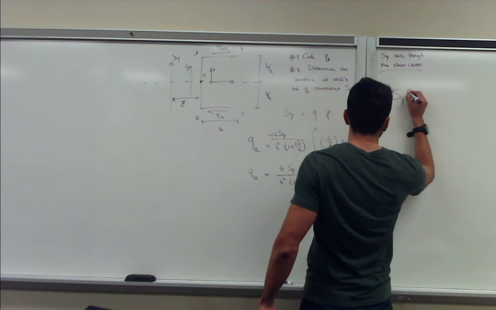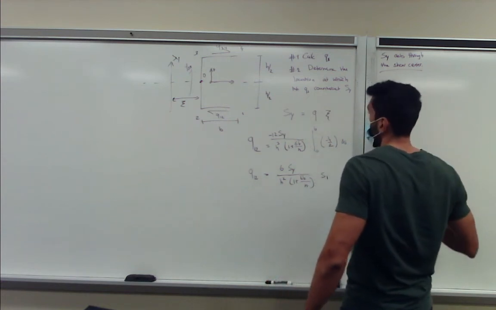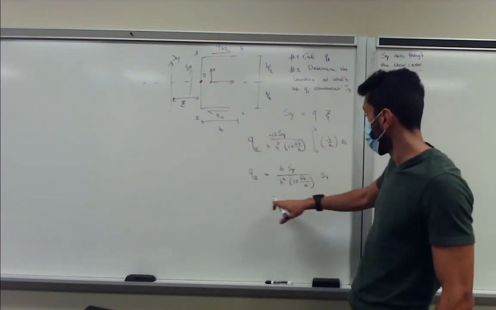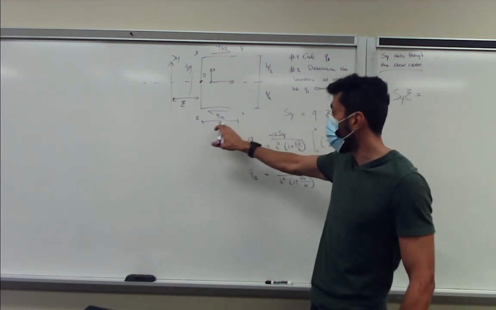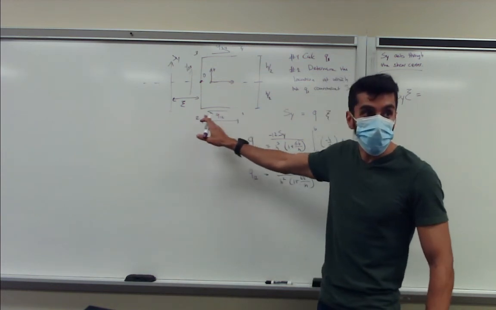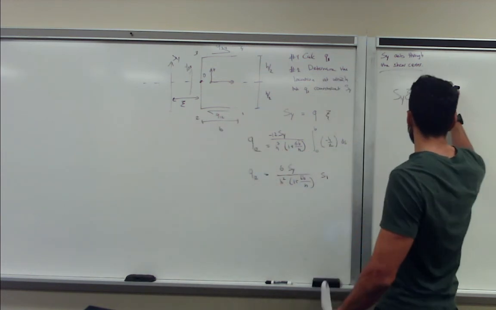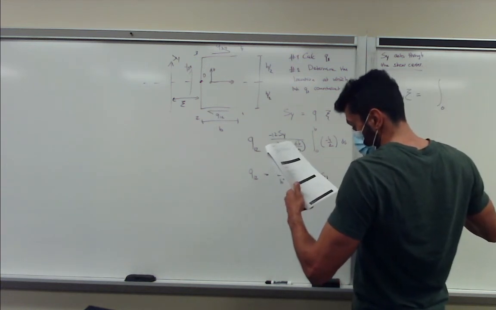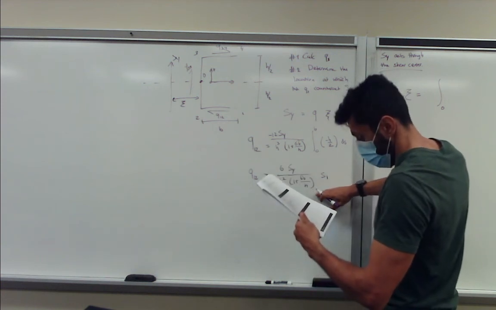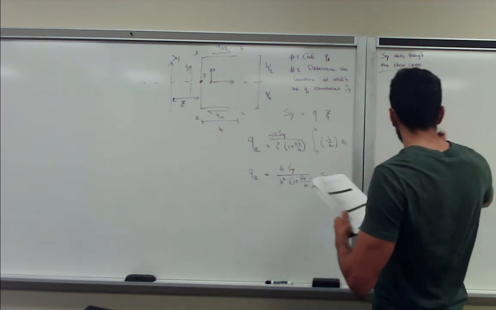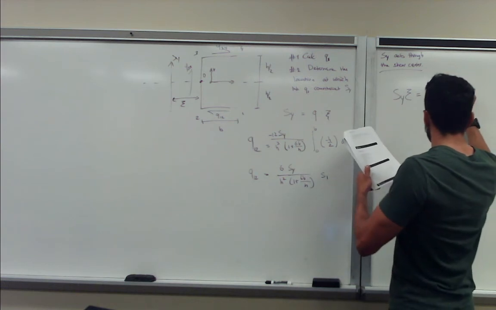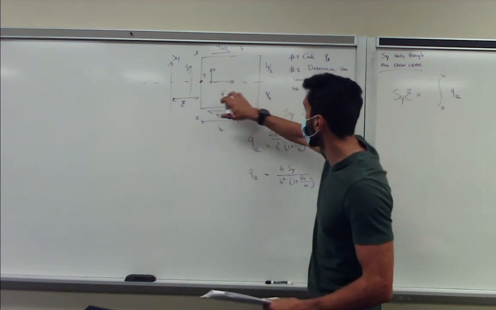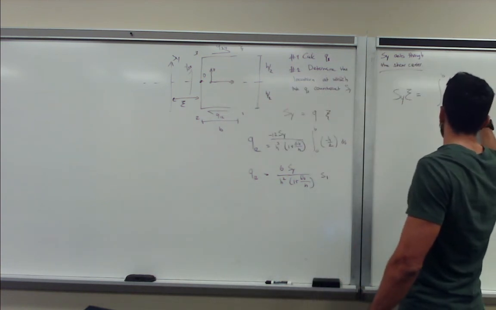So Sy multiplied by psi is equal to the integral from 0 to b of Q12, which varies between 1 and 2 because it's not constant, and the moment arm with respect to this point is h over 2.